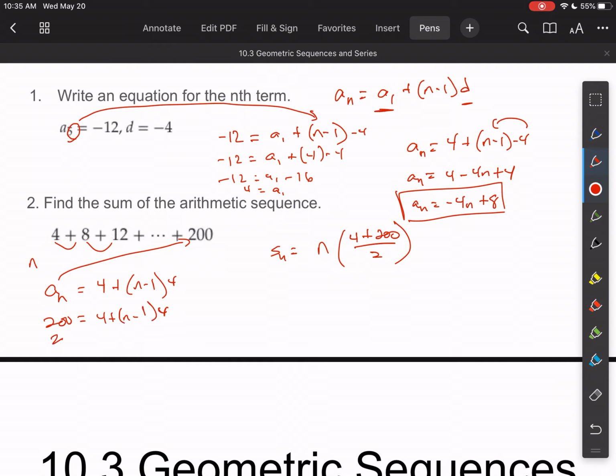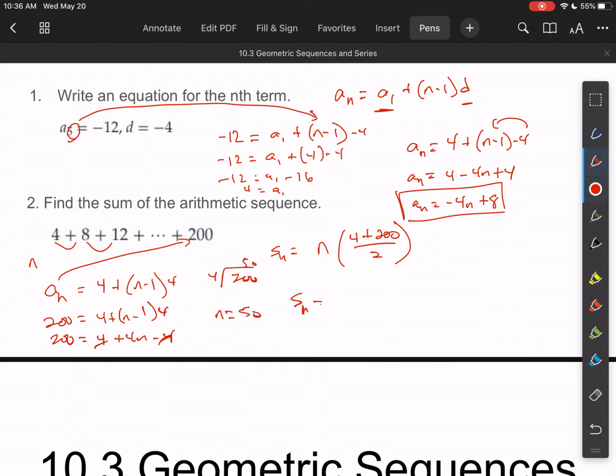So 200 then is equal to, I can solve this now for n. This would be 4 plus 4n minus 4. These go away, and I get 4n is equal to 200. Therefore, n is equal to 200 divided by 4, which is 50. So n is equal to 50.